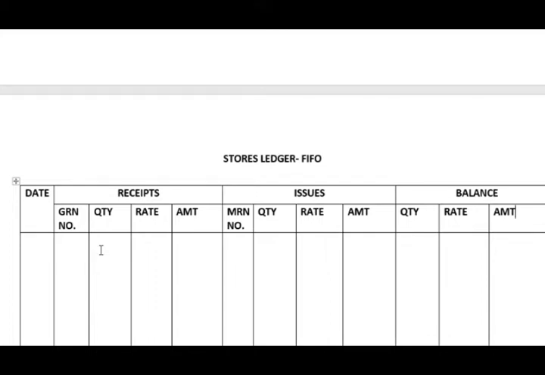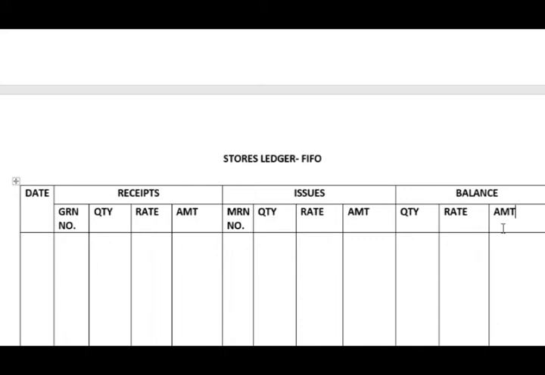Out of the goods the storekeeper has, different departments may need different goods to carry out their production. So for that purpose, they'll request the storekeeper to issue certain materials. Such a request carries a material requisition note number. And we have the quantity, rate and amount, and the balance after every date will be recorded under the balance section.